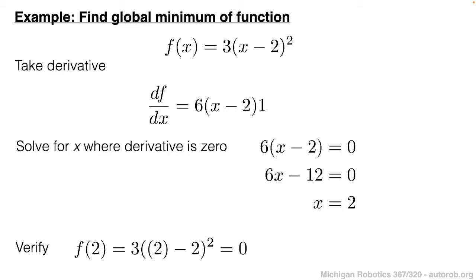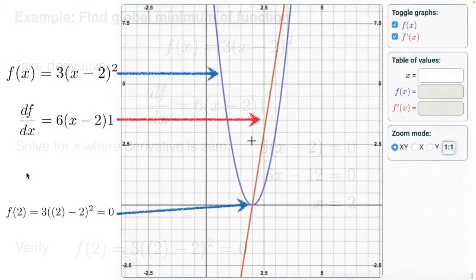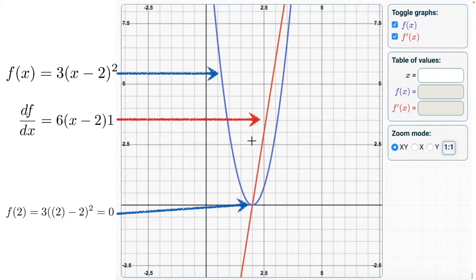You could then plug this value into the function and evaluate it to find the minimum value for this function. In addition, we can plot this process. Shown on this slide is that same function plotted with the blue curve. The quadratic curve is plotted in blue, and then the derivative of the function is plotted as the red line.